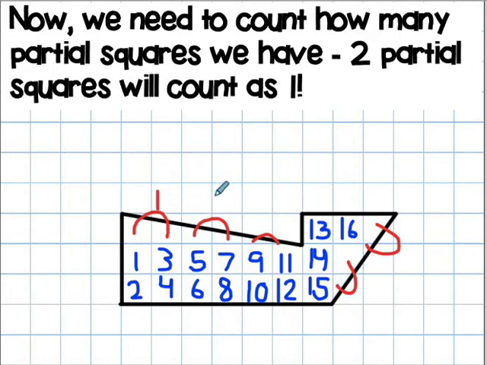If we add those up, we have 1 extra, 2 extra, 3 extra, 4 extra, 5 extra. So if we have 16 whole squares and 5 combined squares, we are going to end up with our area as 21.